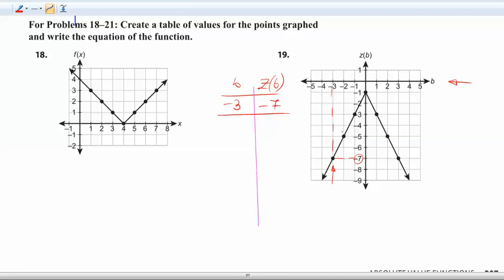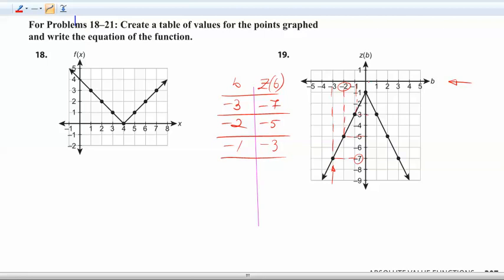Next point, what is its x, right? -2. What is the y? -5. And you got it, right? Next one, -1 and 3. Okay, next one, -1 and -3, right? You see that? Right there. -1, -3.